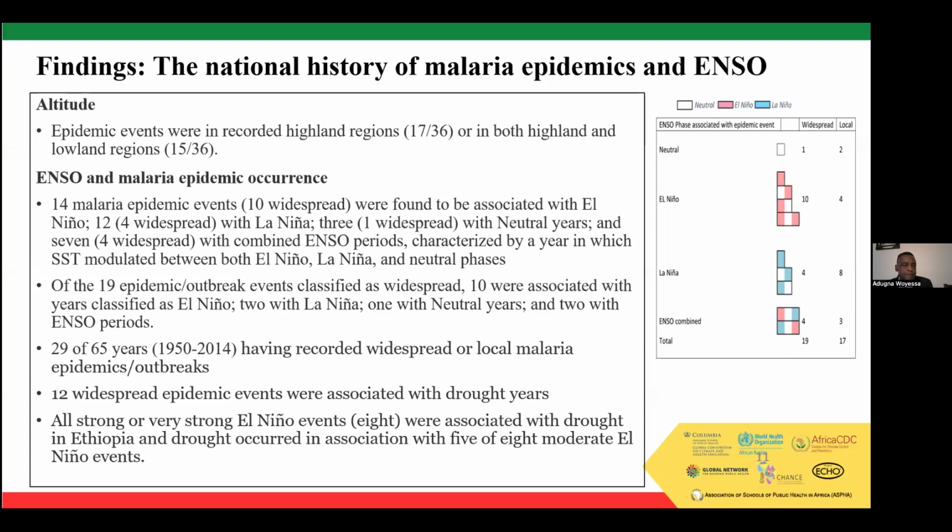So from the right side, you can see the summary that during neutral years, widespread epidemics were 1 and local were 2. During El Nino, we had widespread epidemics in 10 of those epidemics, and 4 of the epidemics were in local areas. During La Nina, we had 4 epidemics at wider scale, and the combined one 4 and at local 3.